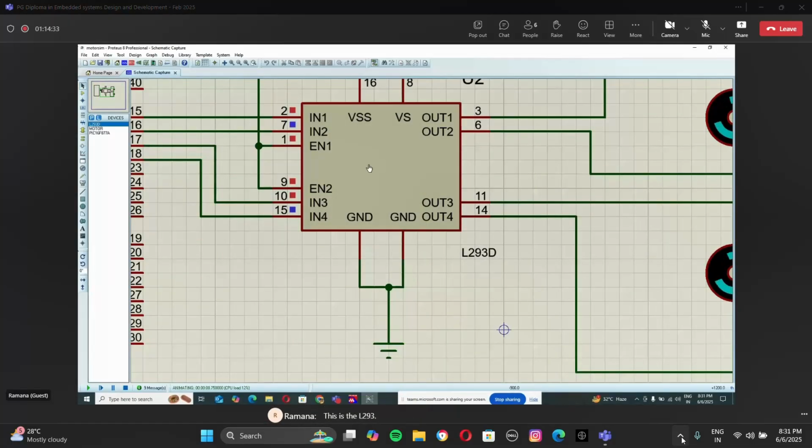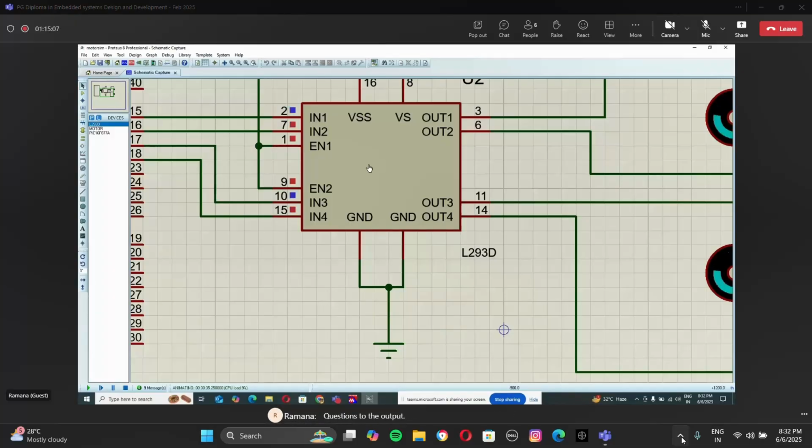We will be using driver ICs for motors, even for the multiplexed seven-segment display, and even for serial communication, because for higher-power transmission we can't use the microcontroller directly. For some things we need a driver IC. Without a driver IC, we can't give connections directly to the output.